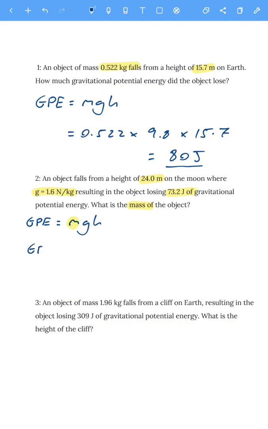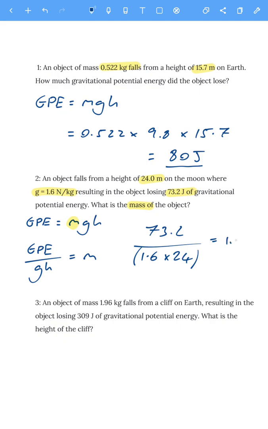So GPE divided by GH. And that will give us the mass. And then we just need to put the numbers in. So gravitational potential energy, 73.2, divided by gravitational field strength, 1.6, multiplied by the height, 24 meters. And if you put that in your calculator, you will get 1.9 meters.